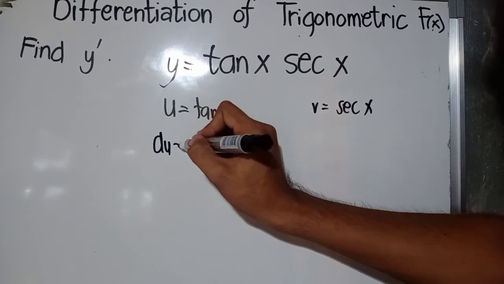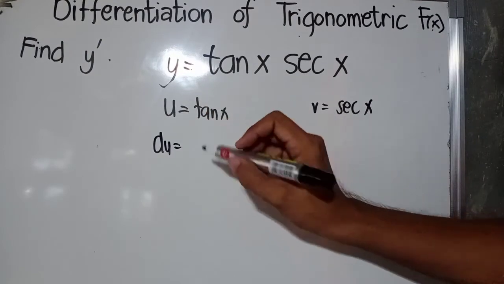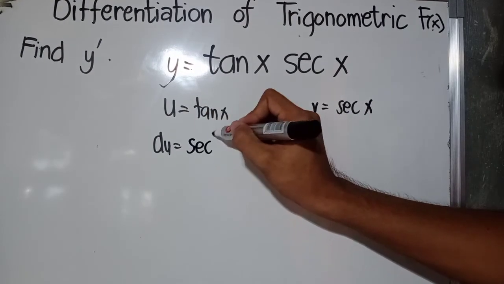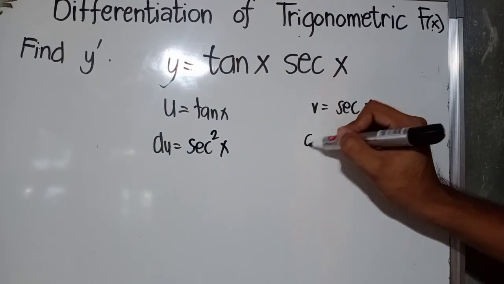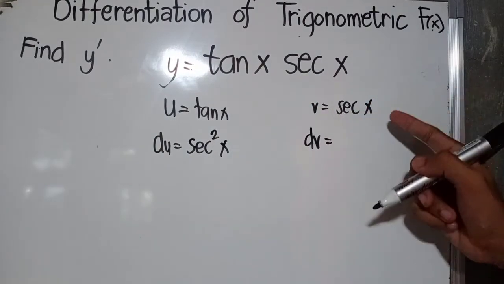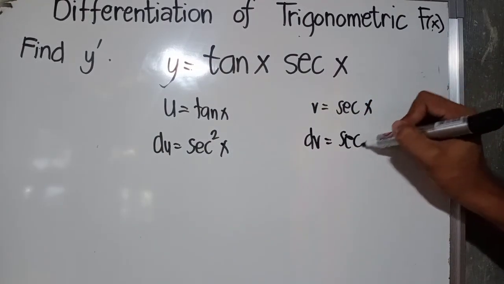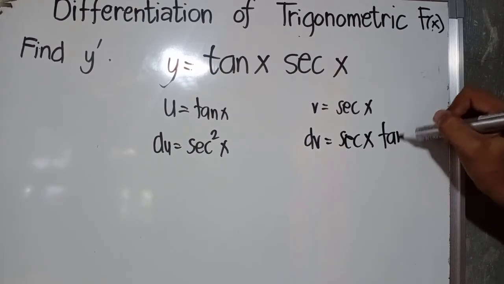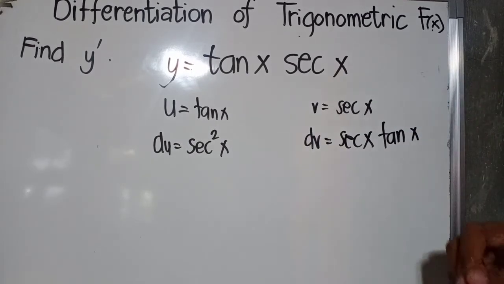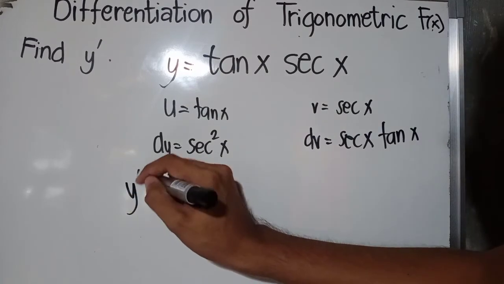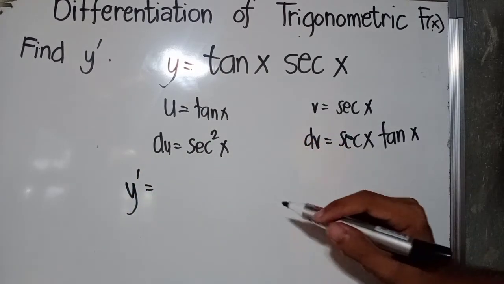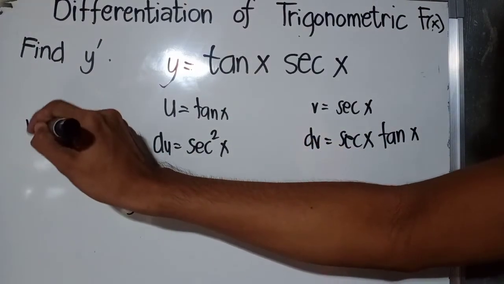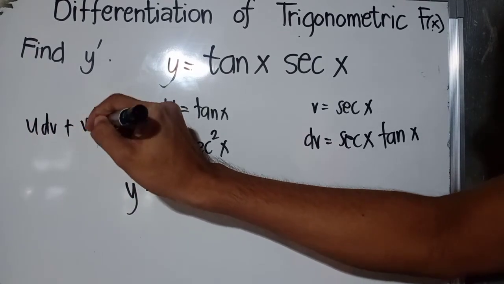So, du nyo is derivative ng tangent, which is secant squared x. And ang derivative naman ng secant x nyo is secant x tangent x. So you just follow the formula, which is, if you can still remember, u dv plus v du.